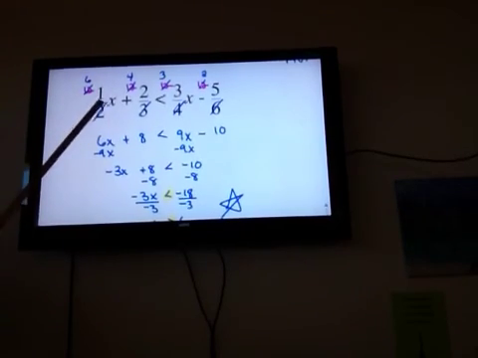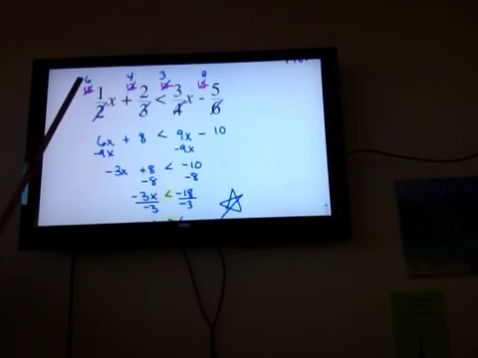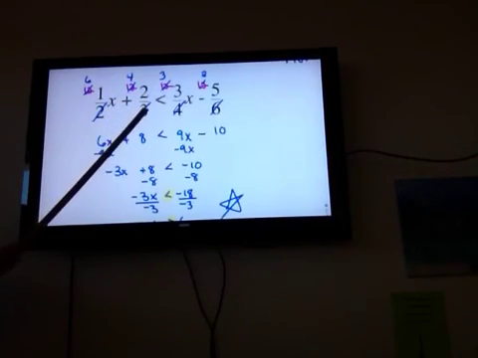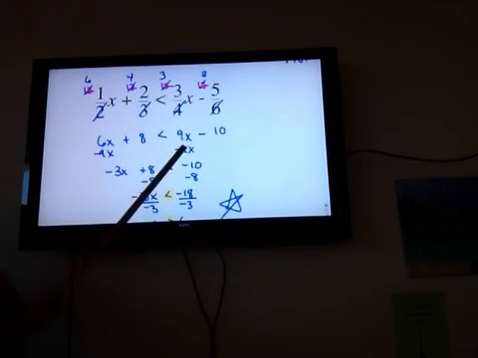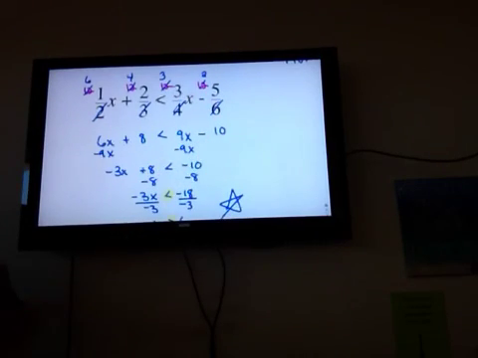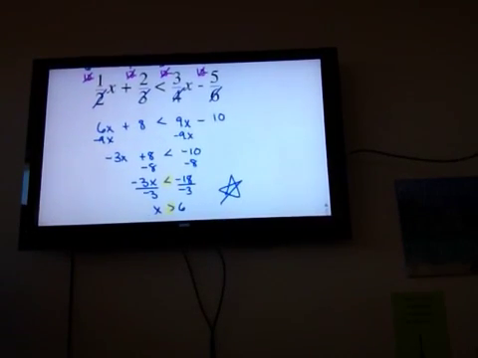You can find your LCD, which is 12, write it down on every term, and then just take 12 times 1/2, which is 6, and 12 times 2/3, which is 8, and 12 times 3/4, which is 9, and 12 times 5/6, which is 10. It is more work, especially if you're using your calculator, because you've got all those keystrokes you got to put in. Canceling is much easier, but that is a possibility. Okay? All right, some questions.